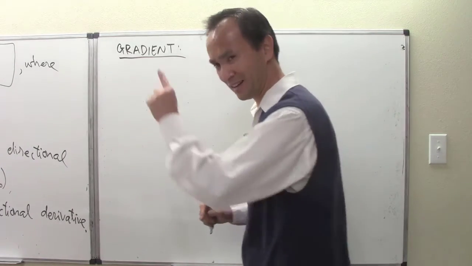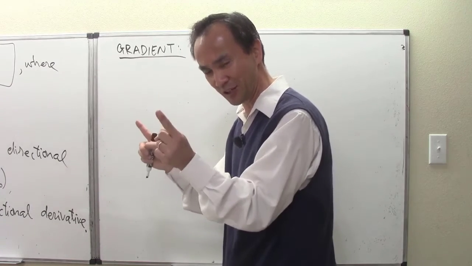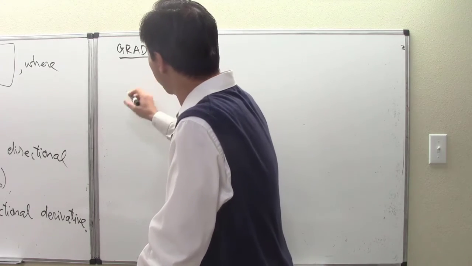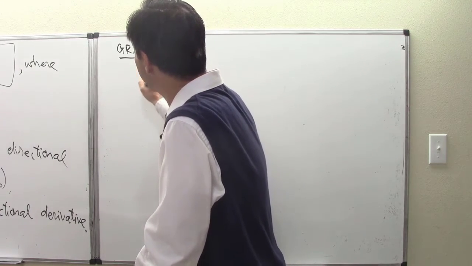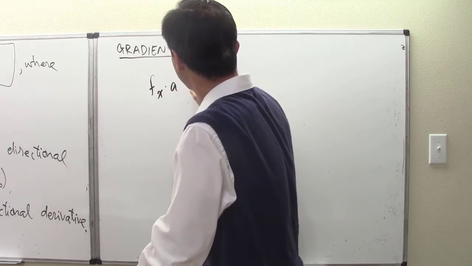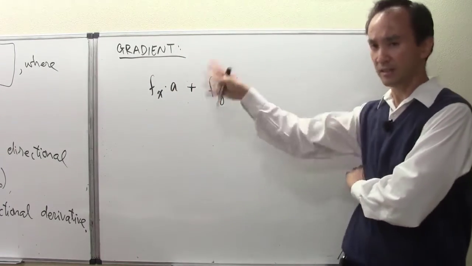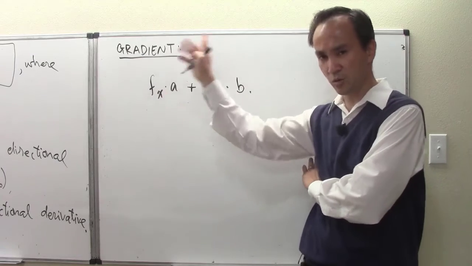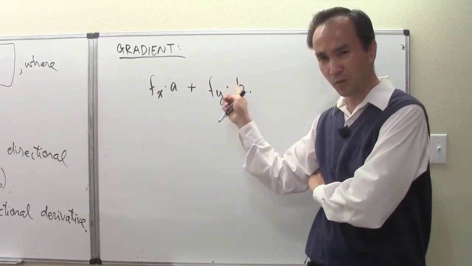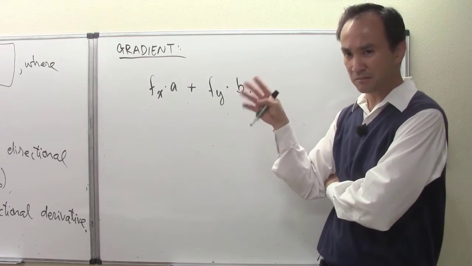So back to what I was saying earlier, I was focusing on the directional derivative formula. So let's specifically look at this part right here: f sub x times a plus f sub y times b. All of this is equal to the directional derivative of the function f of x, y along the vector u with components a, b. That's not important.